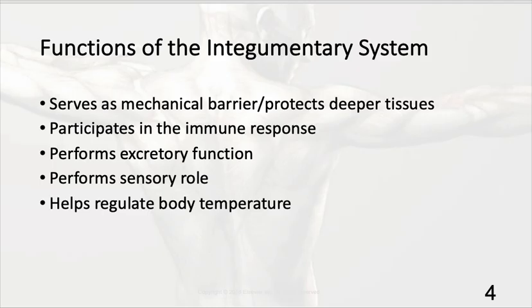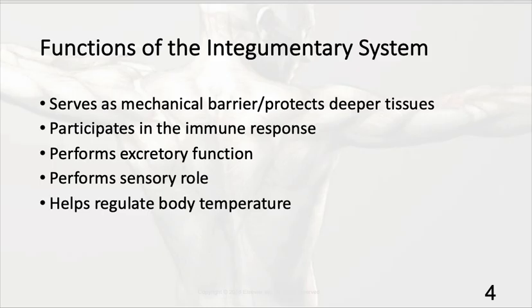One of the first functions of the integumentary system is protection. The skin acts as a physical barrier, of course, that protects the body from any physical trauma, but also harmful microorganisms, like preventing bacteria and viruses from reaching our deeper tissues, such as our vital organs.